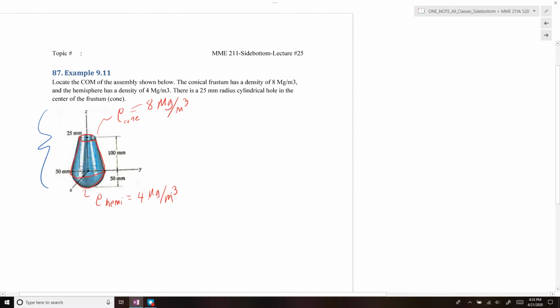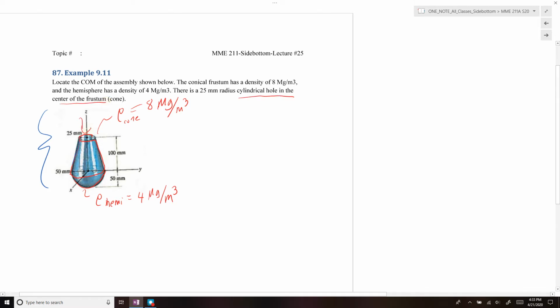There's also a 25 millimeter cylinder hole in the center of the cone here.